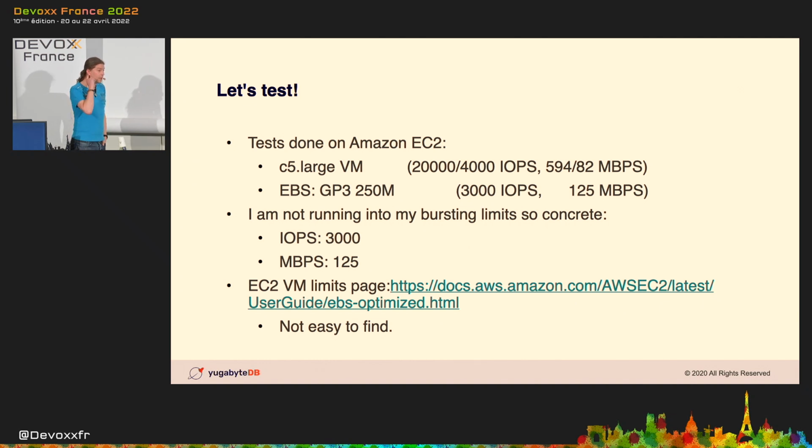And if you read the documentation for this type of system, I'm allowed 30 minutes of 20,000 IOs per second on this system, and after that, the rest of the 24 hours are limited to 4,000. That phenomenon is called bursting, and this is important because a lot of people don't realize that they have a limit on both the virtual machine and on the disk. So that is a really important takeaway.